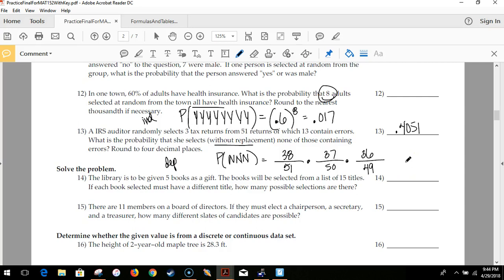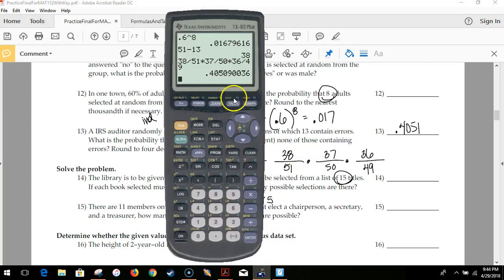Couple more from chapter 4. A library is to be given 5 books. You're choosing from 15 titles. How many possible combinations are there? Well, since it doesn't matter which book you donate first, this is going to be a combination. So of the 15, I'm going to pick 5, but the order that they go in the bag doesn't matter.